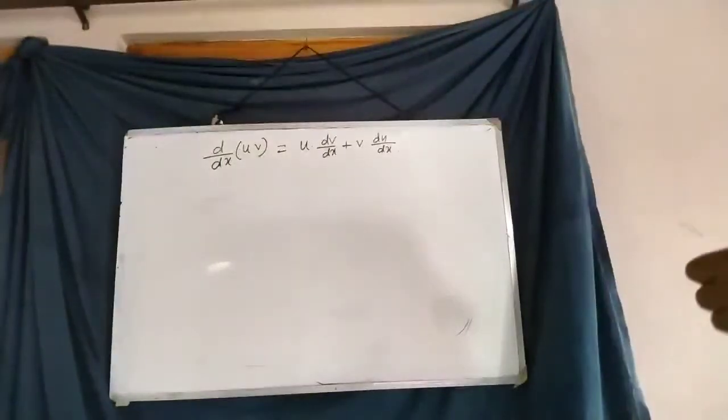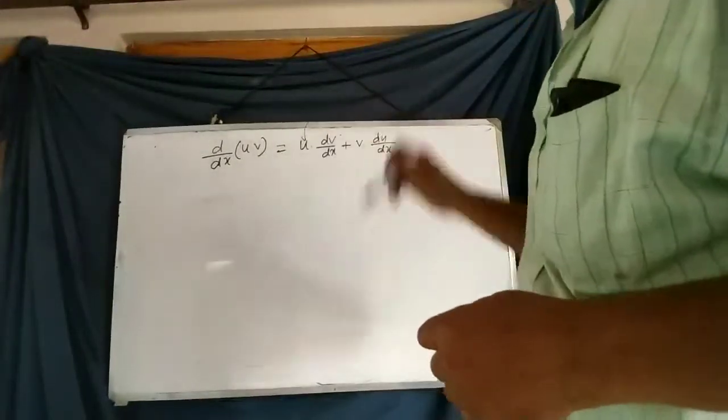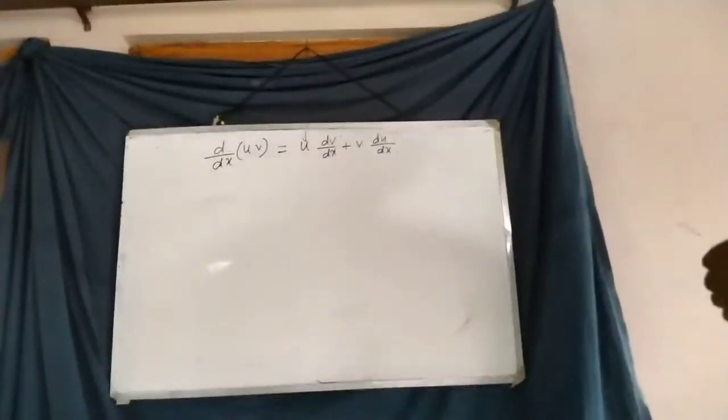Again, what's the rule? d/dx of uv: first function unchanged, derivative of second plus second function unchanged, derivative of first.